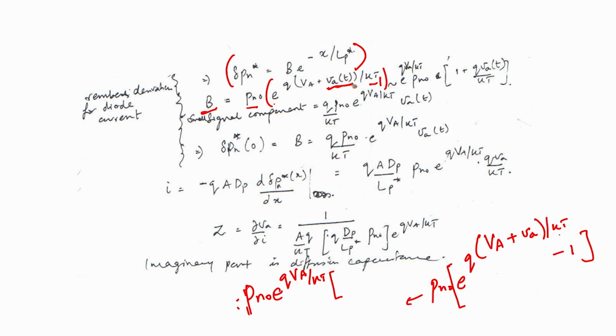We will approximate that small signal part, using a Taylor expansion on that, and say that it is 1 by QVA by KT minus 1.